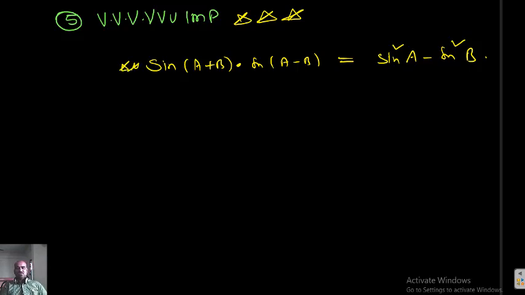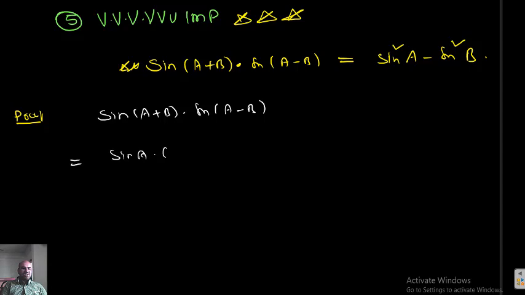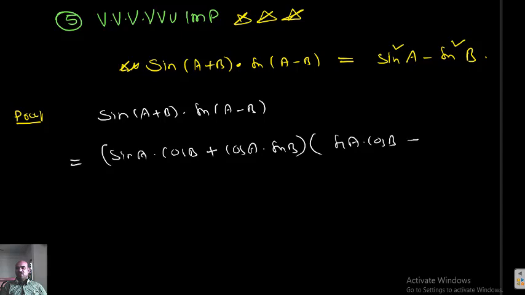So I want to prove the result. Sin of A plus B into sin of A minus B. Sin of A plus B means sin A cos B plus cos A sin B, into sin A cos B minus cos A sin B. This looks just like alpha plus beta into alpha minus beta, alpha square minus beta square.